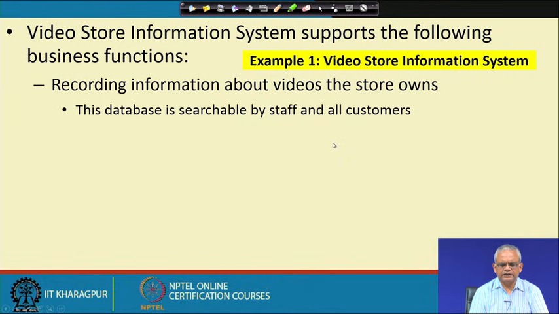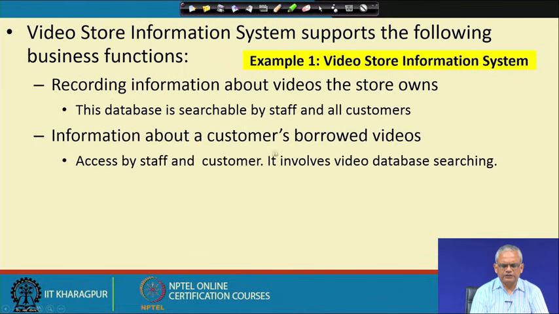The first functionality is that all the videos that the store owns need to be recorded, and once these are recorded, they can be searched by staff and also the customer. So, the available videos that the store owns can be searched by both staff and customers.